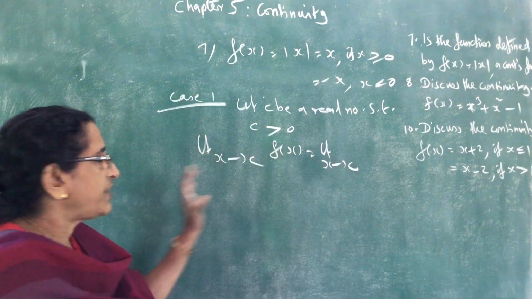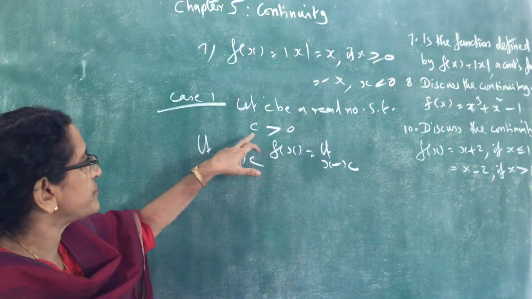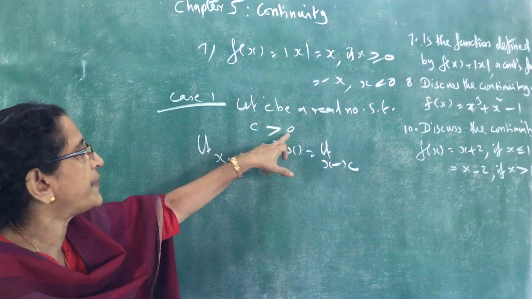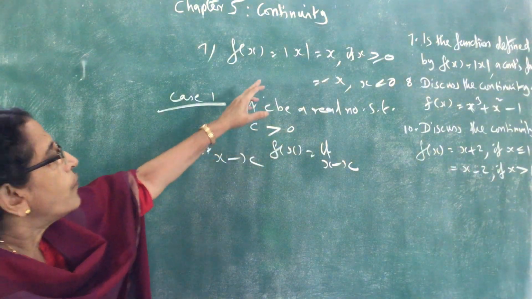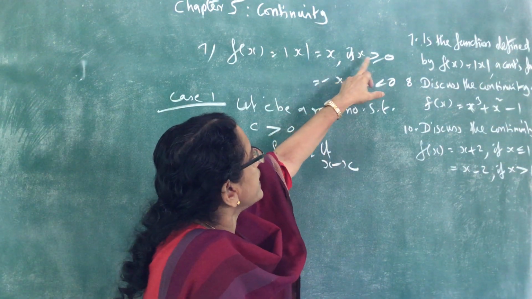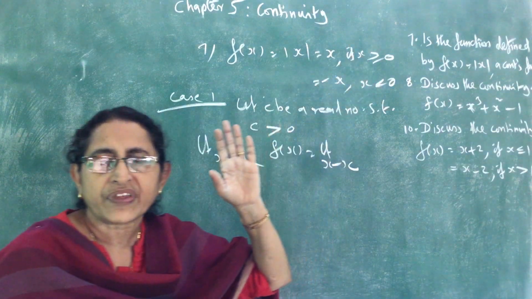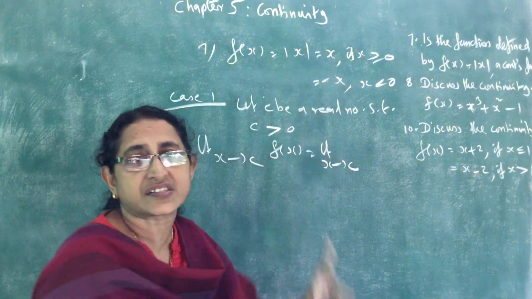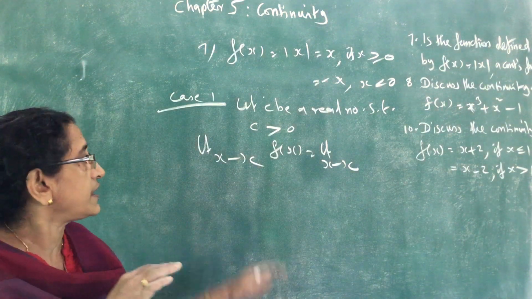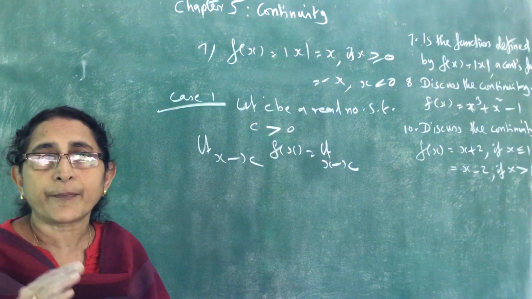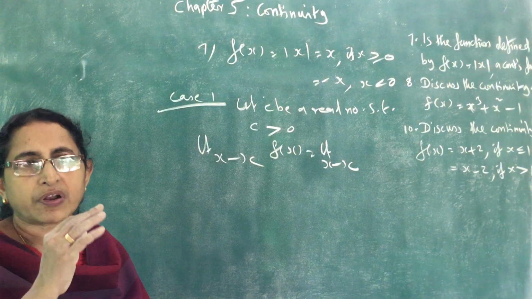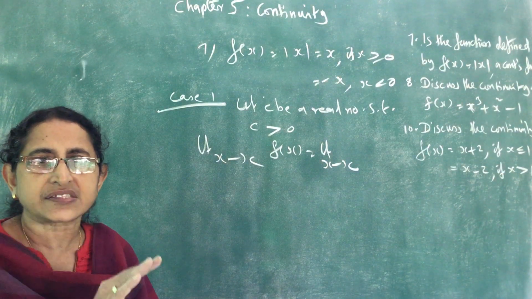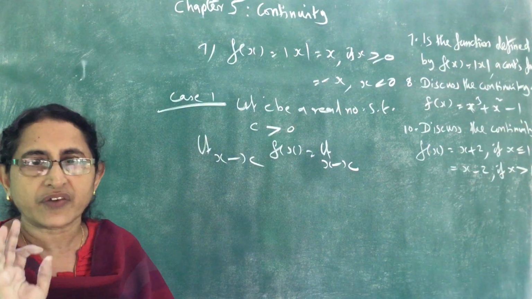Here, C is any real number greater than 0. We know that when x is a real number greater than 0, the function has only one value, x. So if you consider any real number greater than 0, the function has only one value.